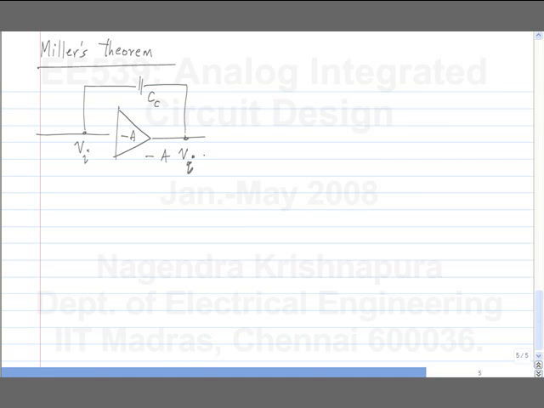So the current through the capacitor is Vi times (A plus 1) times sCc. This current is being drawn out of the input node and being pushed into the output node. Is that clear?